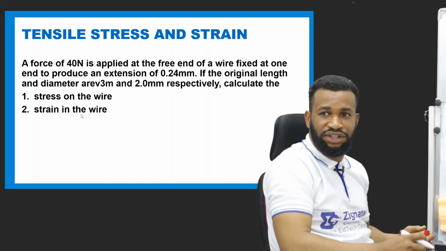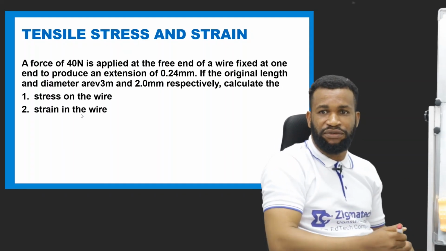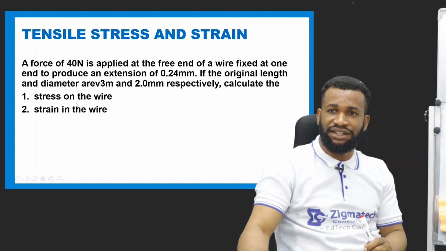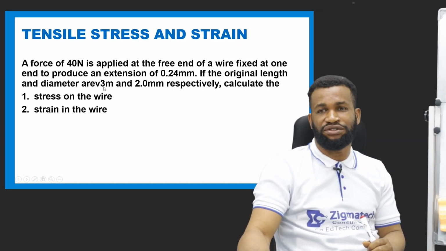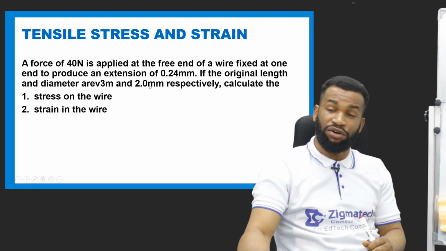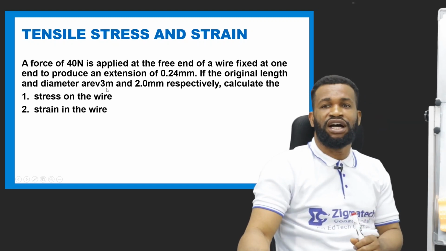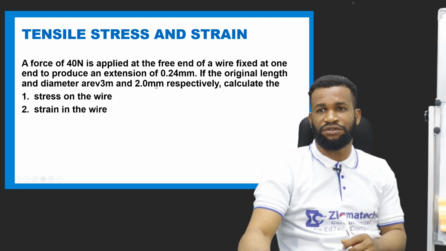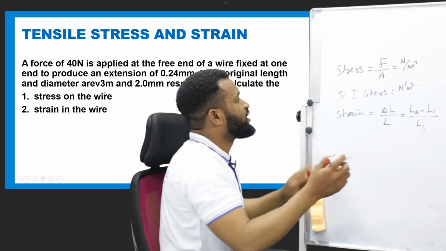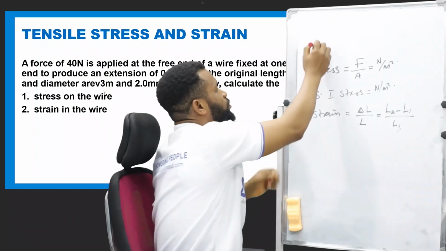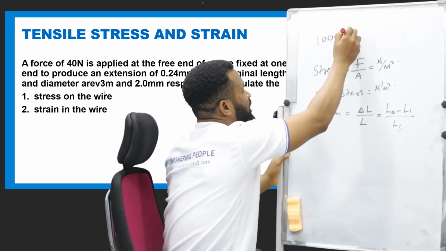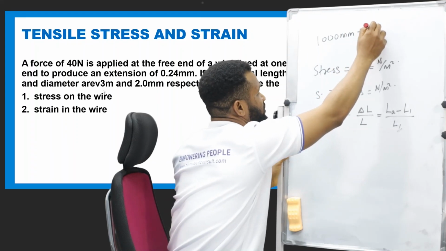So what we are going to do is we have to do some conversion, because if you look at this, this is in meter and this is in millimeter. We have to do conversion from meter to millimeter, or from millimeter to meter, and the right thing is to do conversion from millimeter to meter. If you watch our previous videos, we now say that 1000 millimeter make 1 meter.